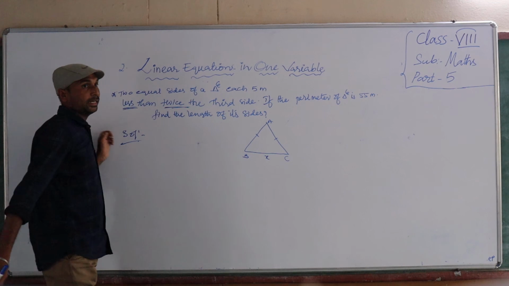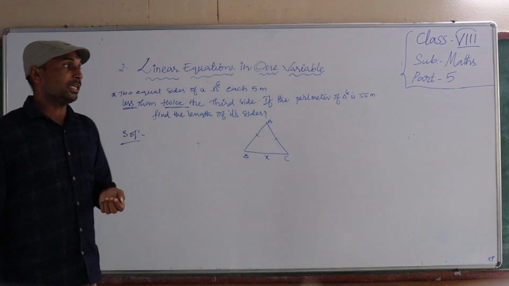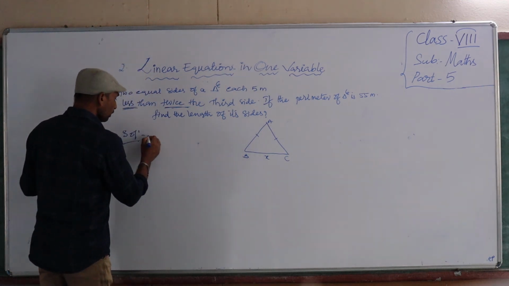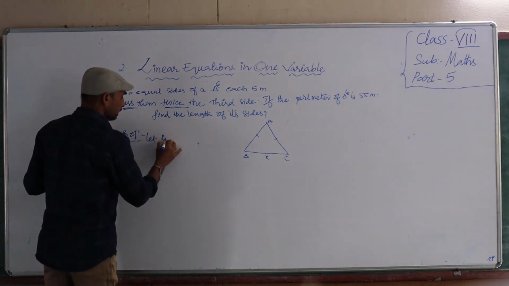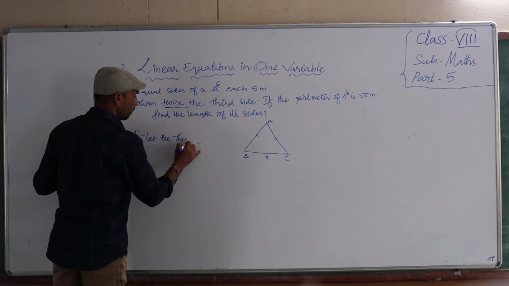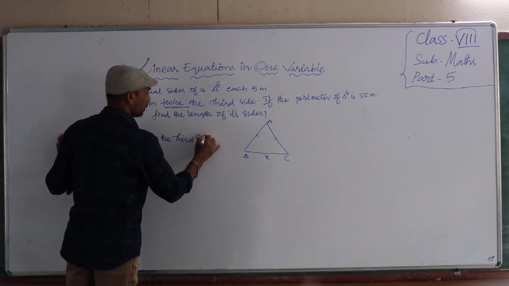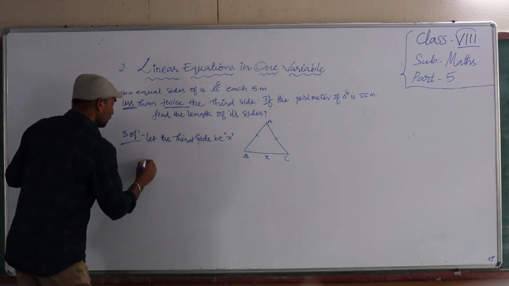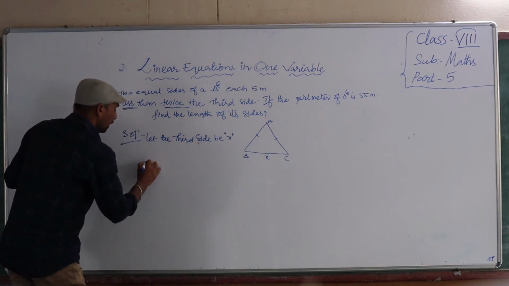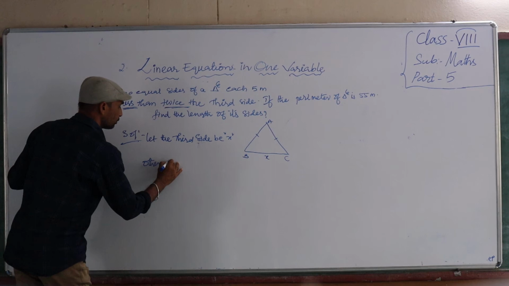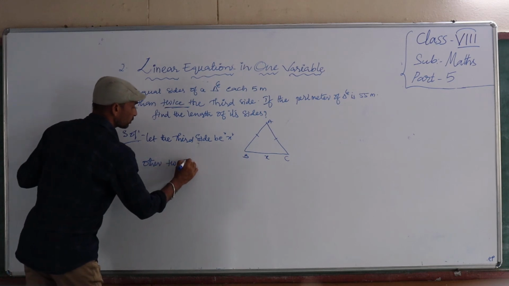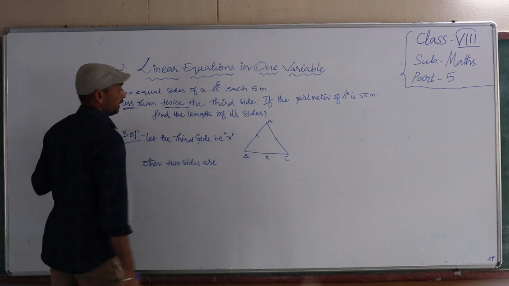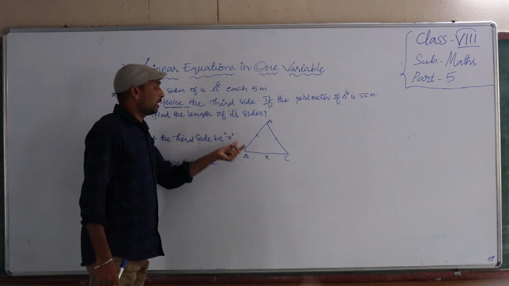Twice the third side. Already I told you, twice means we should multiply with 2. So let the third side be x. Then the other two sides are, see, twice the third side.